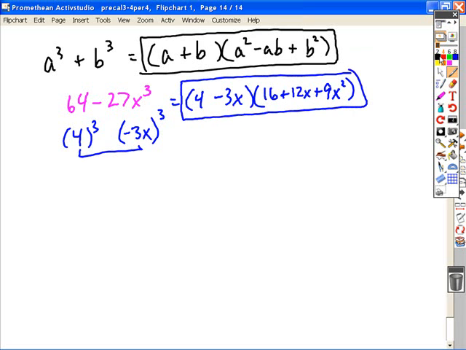And now, here is one potential form of the answer. Like I said before, it's very likely that all your factors will be written in standard form with leading coefficients of positive 1. So if that were the case, this factor right here would be 9x squared plus 12x plus 16.